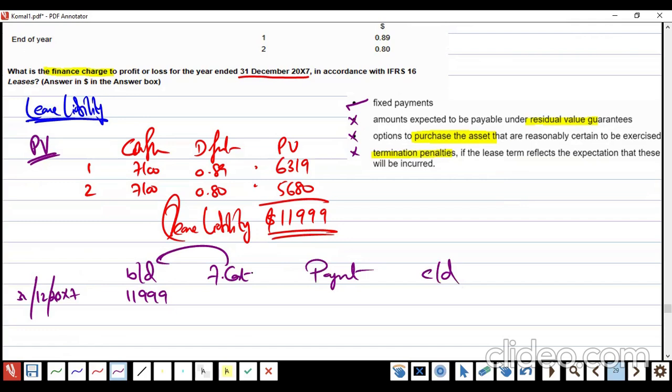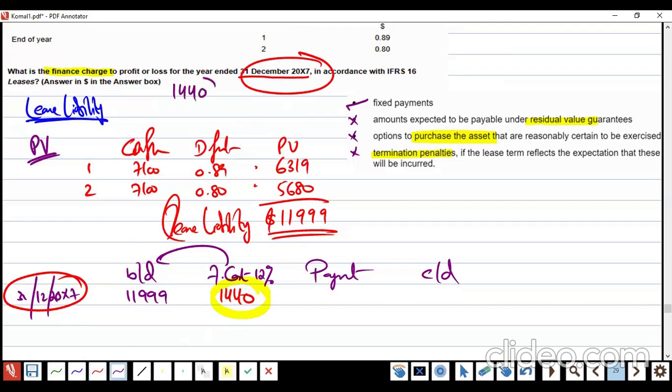Finance cost rate is 12% now. So what's the answer? 1,440 for this year. The requirement is for the same year. So I got my answer, 1,440. Is it okay or no?